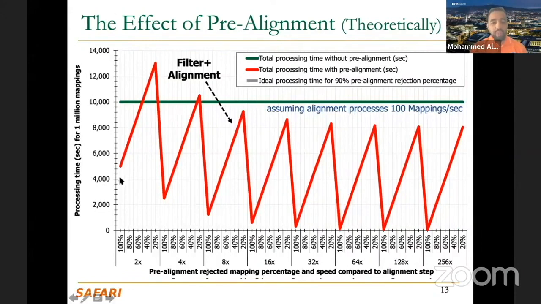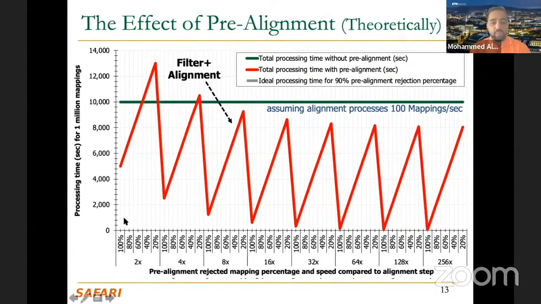It means we have 0 time for the alignment because there is nothing coming out of the filter. The only time we calculate here is the filtering, because the only thing operating is the filter. And the filter is 2x faster than the alignment. So that's why the runtime here is around 5,000 seconds, which is half of the alignment.